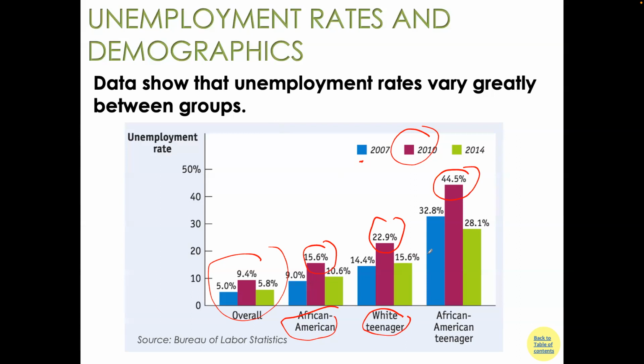Now the question is why we care about those subgroups. What are the potential problems this may generate, when some subgroups have a much higher unemployment rate compared to the rest of the population?